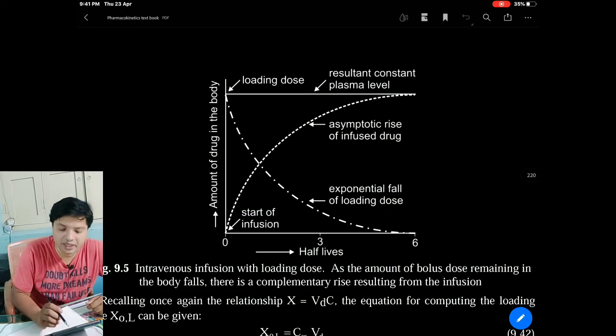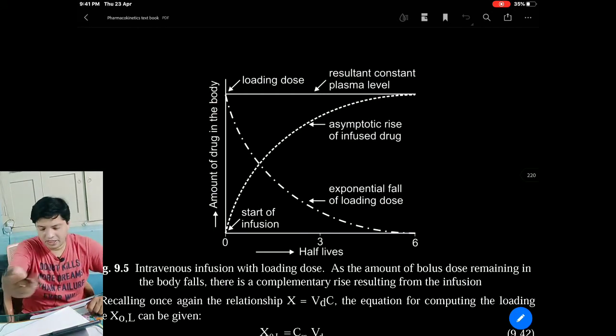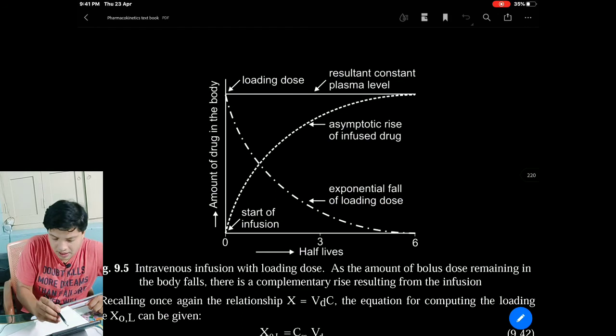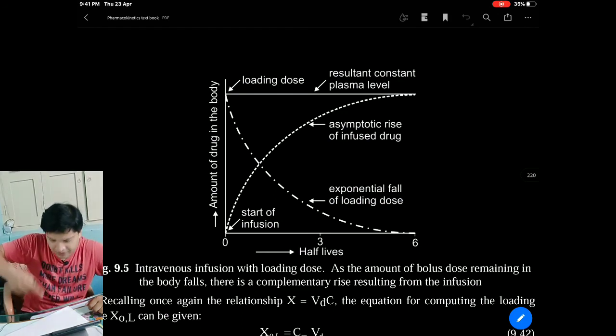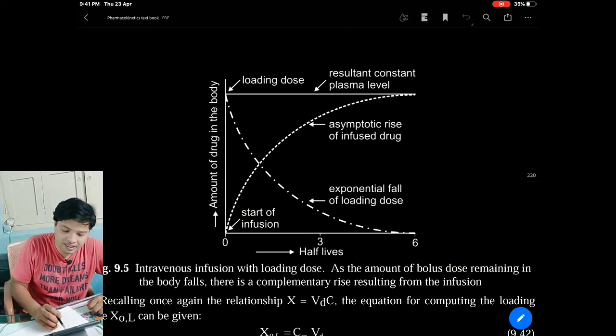Once the drug is given as a loading dose, 100% of the drug is given in the body. The loading dose is one shot IV bolus, so 100% drug will be there. Then the loading dose decreases, you can see the exponential falling curve of the loading dose. When it starts, we have already given the infusion.